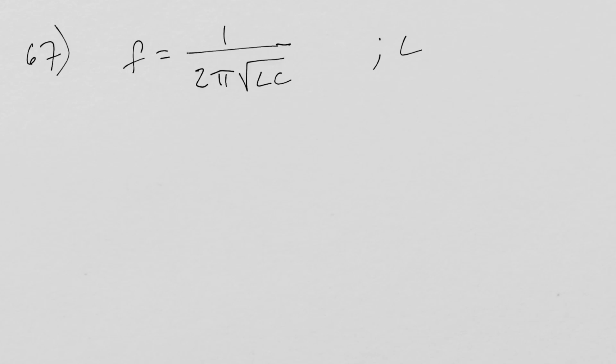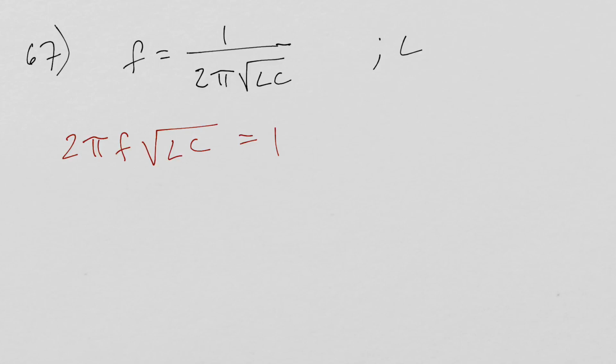Okay, I'm going to clear my fraction by multiplying each side by the denominator. So I'll put this in an order that makes sense. I'll put 2 pi f root LC, although it didn't matter too much what order you put that in. That's equal to 1. And then I'm going to square both sides.